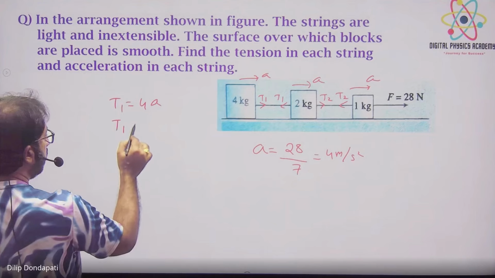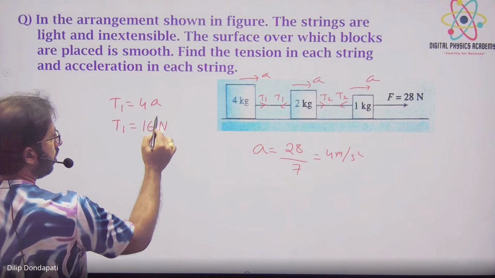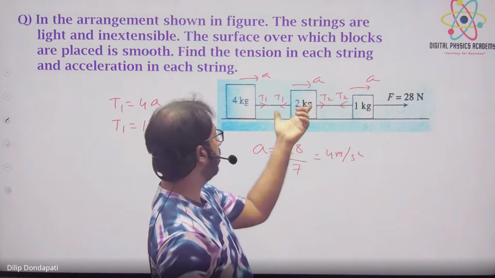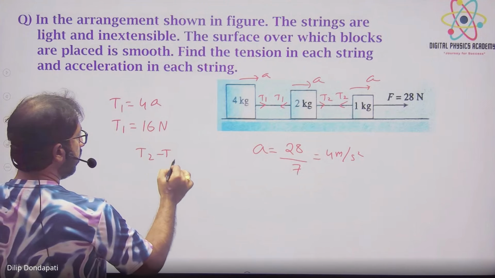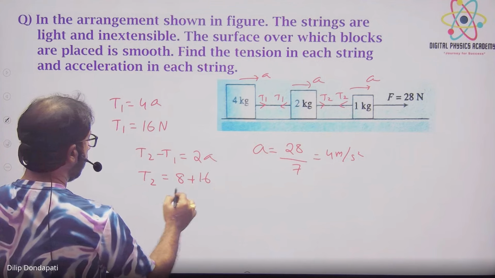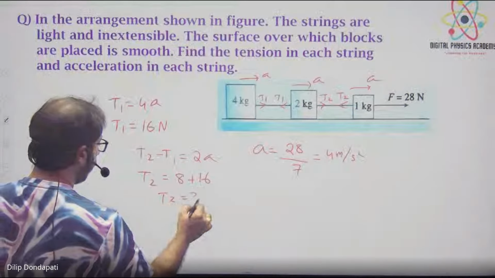So T1 is 16 newtons. And for T2, you can use either block. For the 2 kg block, T2 minus T1 is equal to 2a, which is 8. So T2 is equal to 8 plus 16, so T2 equals 24.